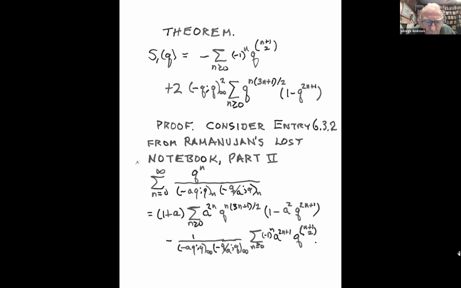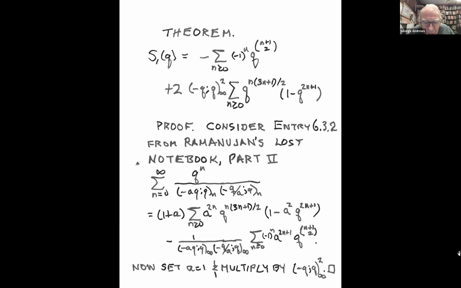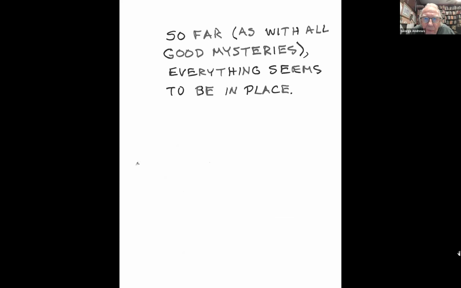Well, not only is it the style of proof, I'm going to quote directly from the Lost Notebook, where Ramanujan has an identity of this nature, and you set A equal to 1 multiplied by (minus q; q) infinity squared, and bingo, you have this theorem. So you have this relationship with the classical theorem.